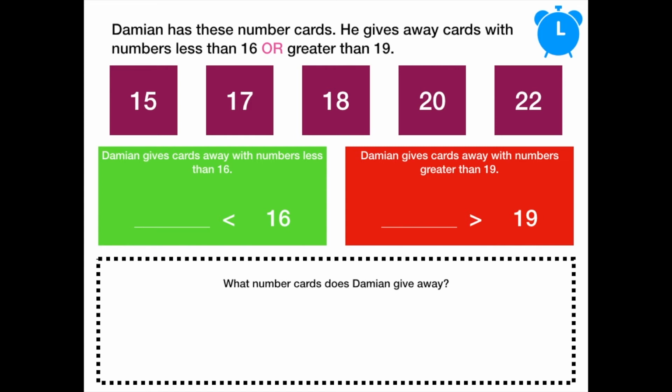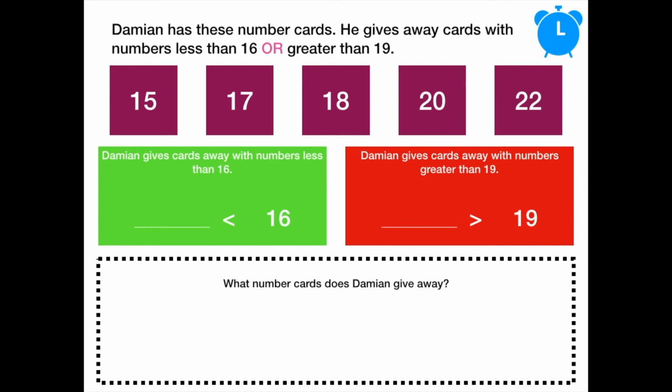Damian has these number cards. He gives away number cards with numbers less than 16 or greater than 19. Remember, or means only one of those things has to be right. Try the different numbers. Are they less than 16 or greater than 19?